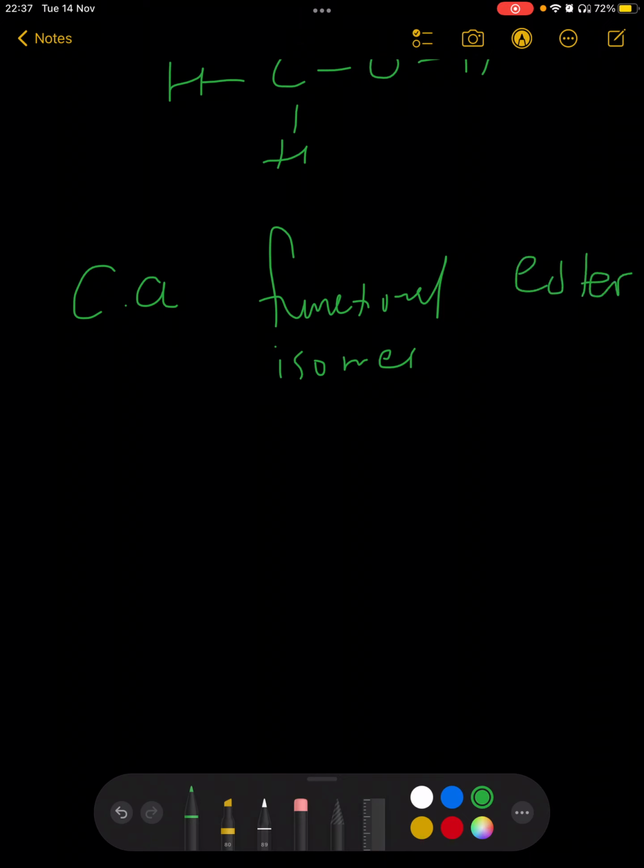So we only have one ester from this question, which is the structure that we just drew, compound B.